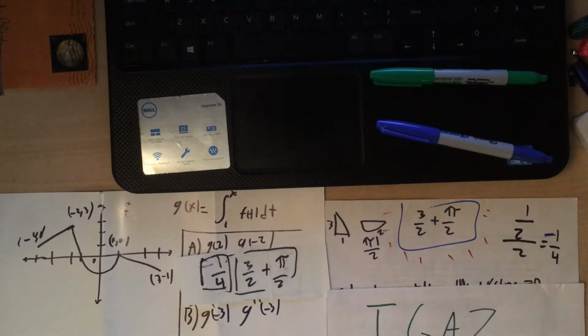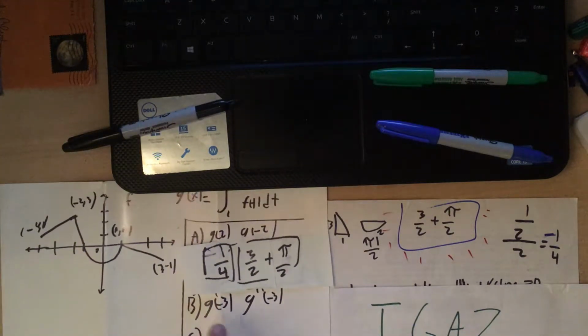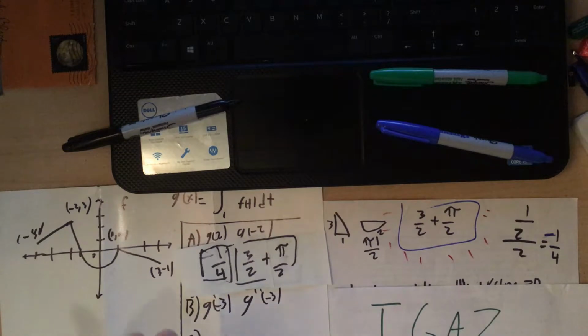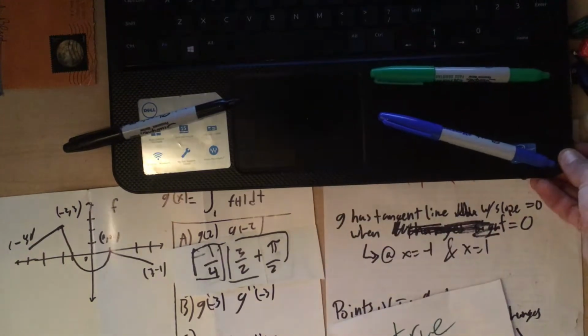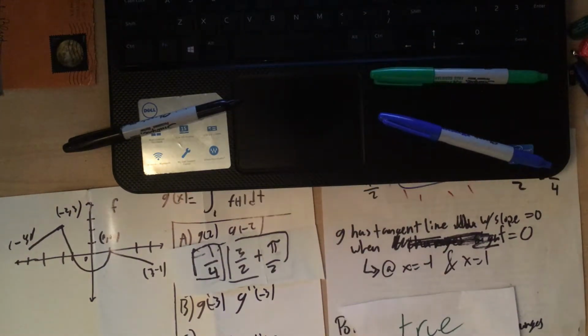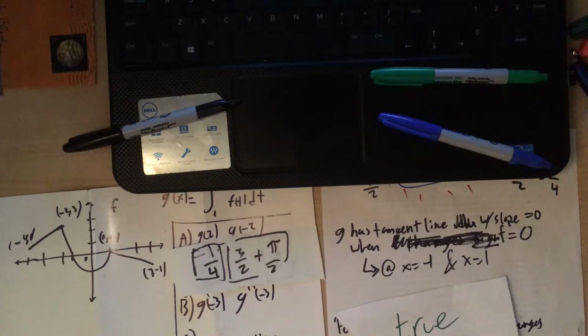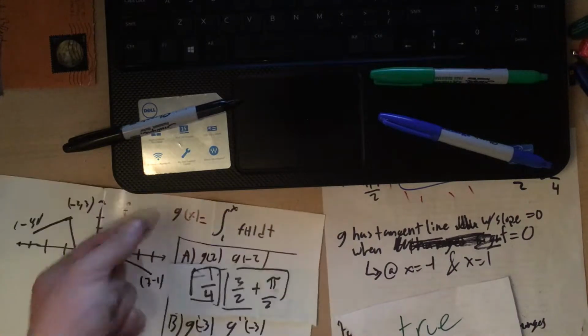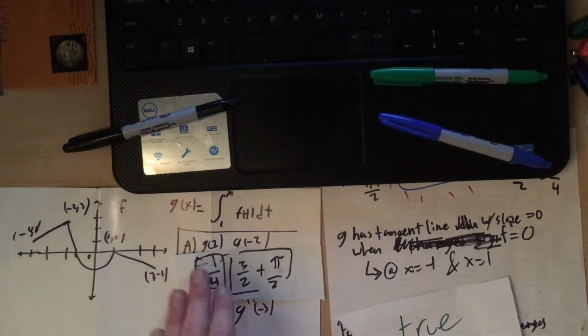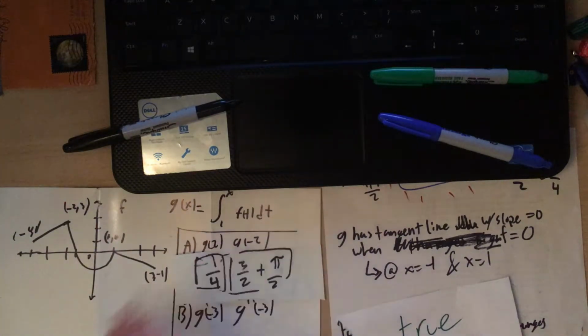Alright, now on to the next section, which asks us for g prime of negative 3 and g double prime of negative 3, or it wants us to tell them if that doesn't exist. Now, g prime of negative 3 is weird because g is an integral, and the derivative of an integral is just the normal function that it's being taken the integral of.